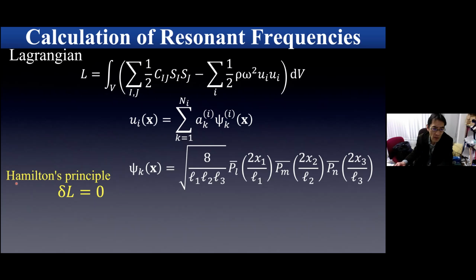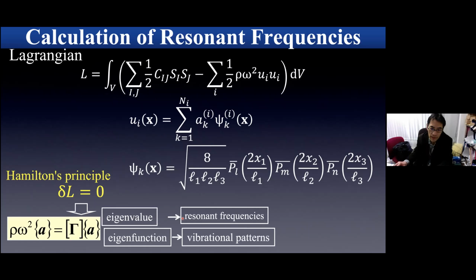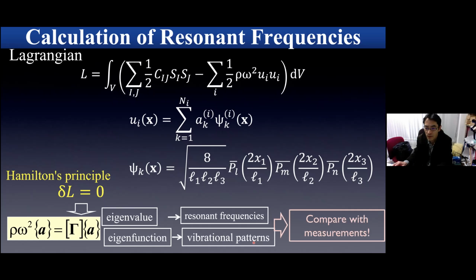Using Hamilton's principle, we obtain the eigenvalue problem, and from the eigenvalues we get the resonant frequencies, and from the eigenfunctions or eigenvectors we obtain the vibrational pattern. Then we can make the inverse calculation.